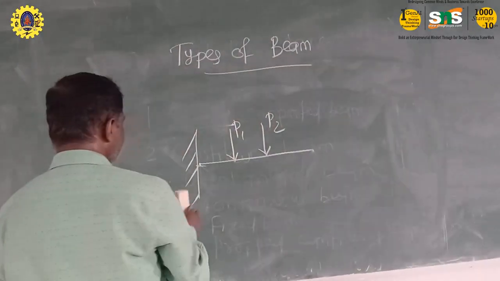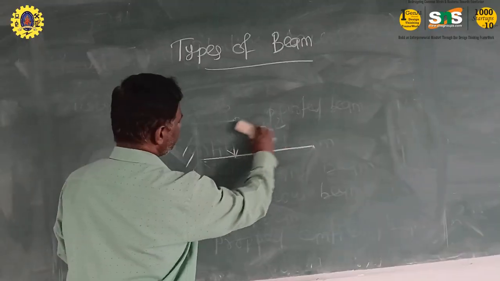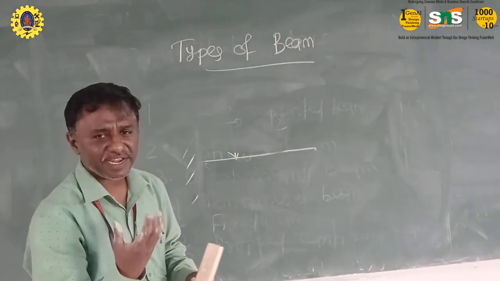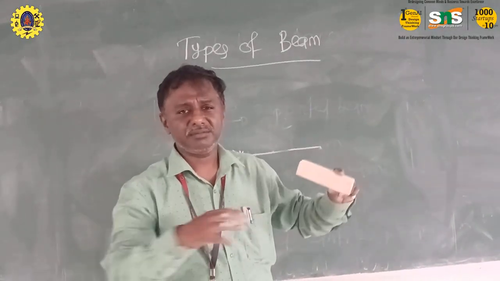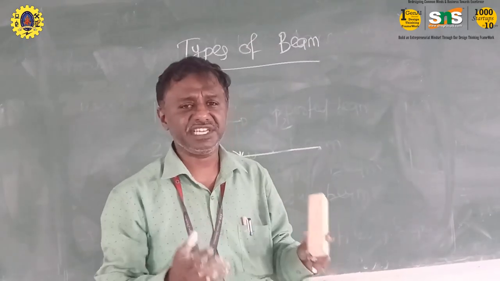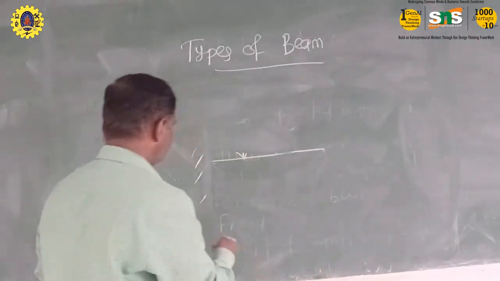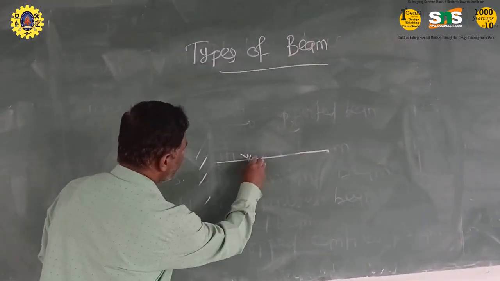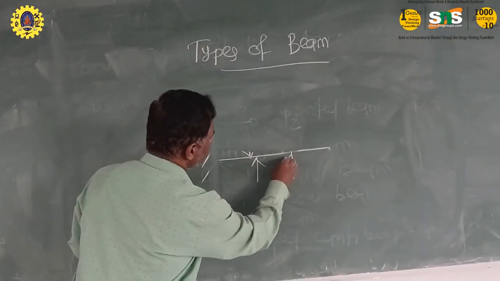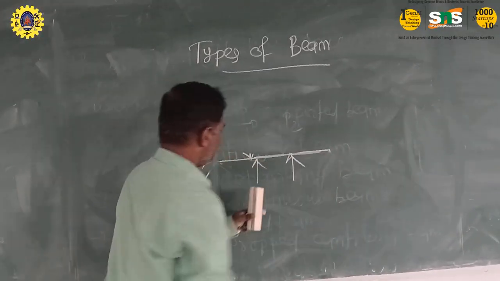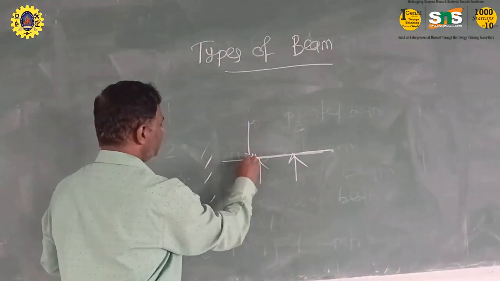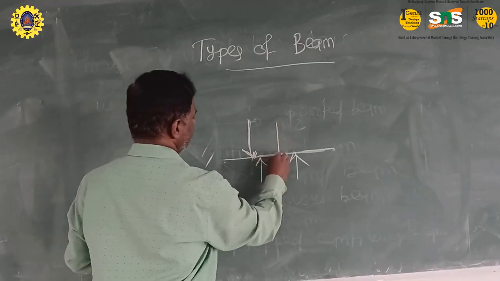Next we have the overhanging beam. In an overhanging beam, the ends do not carry any supports. In between, we have the supports. That is called an overhanging beam, on which we have loads P1, P2, P3 and so on.